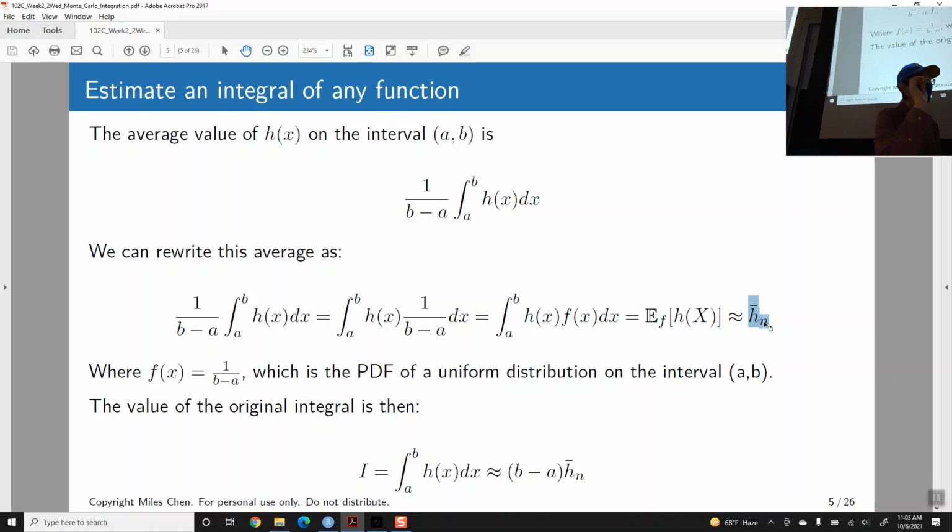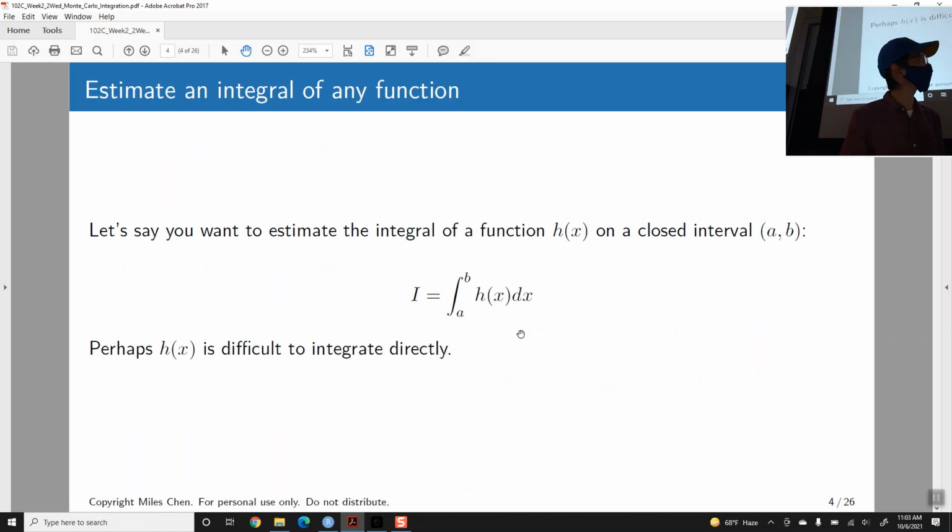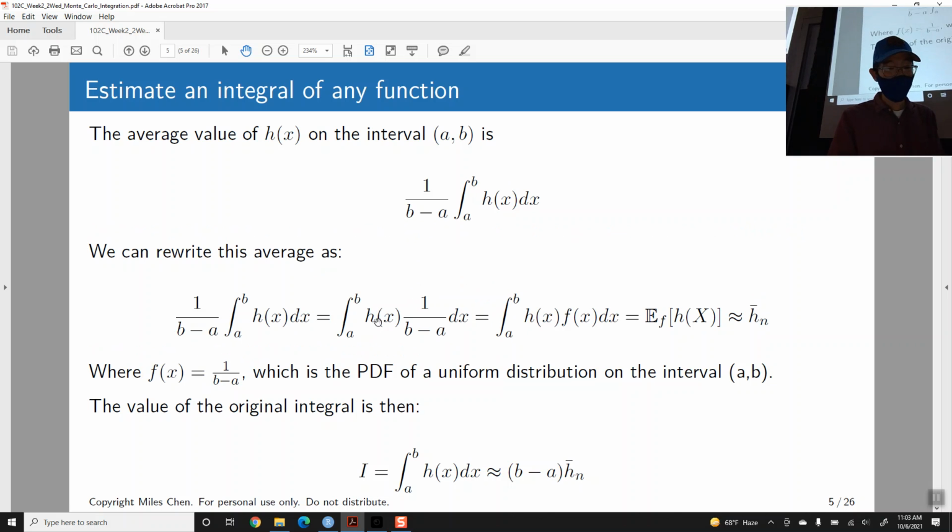That is, we just draw a random sample from that random variable x, we apply the function to it, and we take the average. We take the sample mean. And so we can turn this original problem, the integral of this, into the form of function times a PDF. The PDF of the uniform distribution is just 1 over a constant. The constant is the width of your interval.